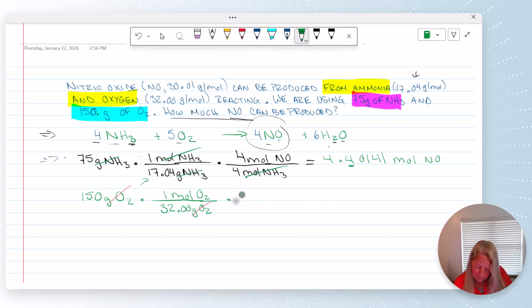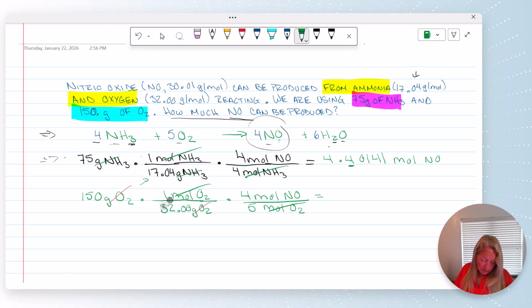So I am back to 4 moles of nitric oxide over, let's see, my oxygen is a coefficient of 5, so that's 5 moles of oxygen. Not so pretty math here. Let's see, my moles oxygen cancel, my grams cancel, so this will give me an answer in terms of moles of nitric oxide.